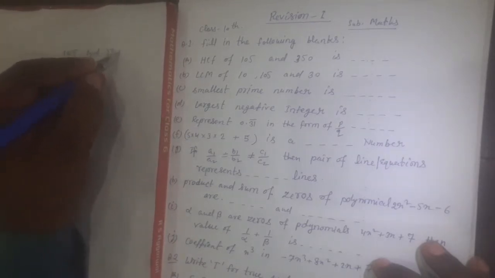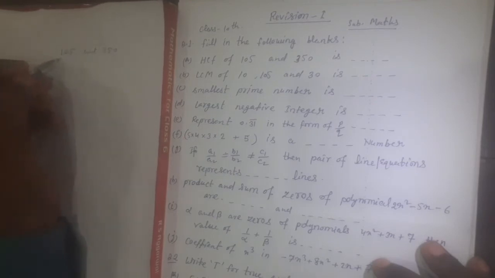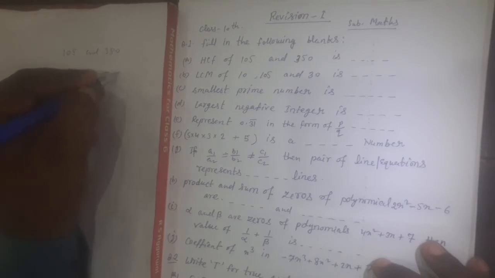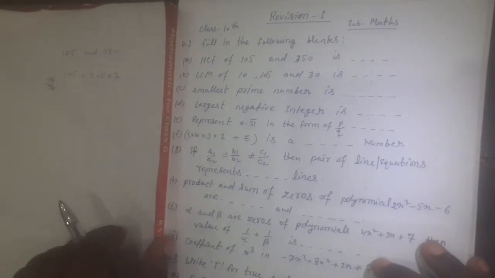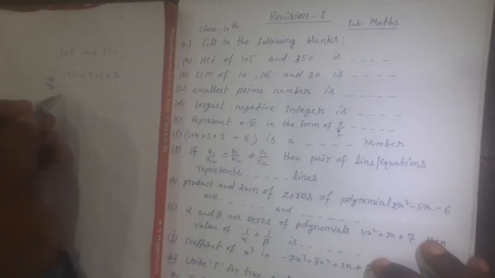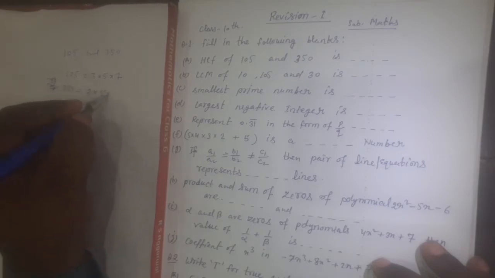Let's find the prime factors of 105 and 350. The prime factorisation of 105 is 3 into 5 into 7. The prime factorisation of 350 is 2 into 5 into 5 into 7.